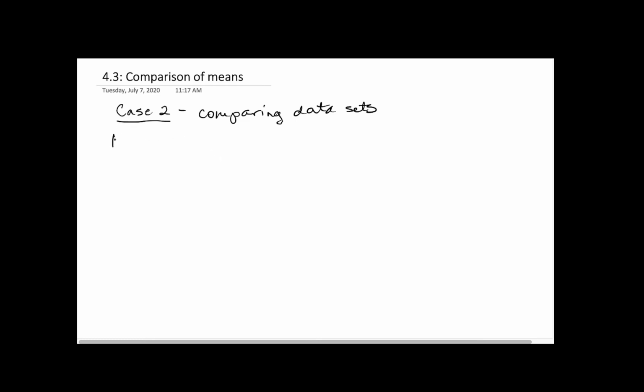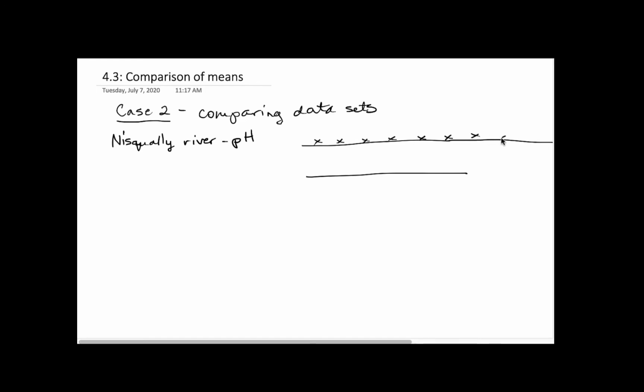So let's imagine that we were taking some data at the Nisqually River and we were just measuring the pH. Let's say that we had gone down to the river and picked some sites along the riverbank as sampling sites.